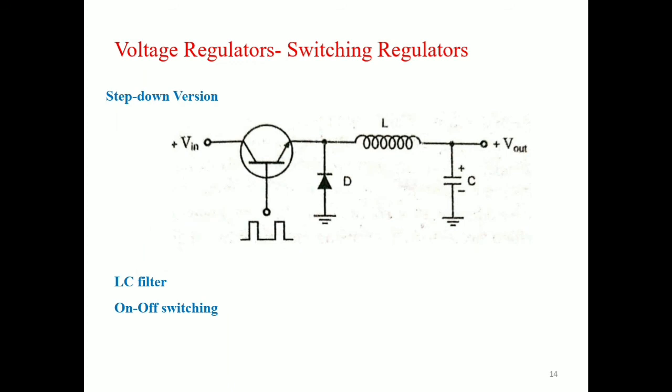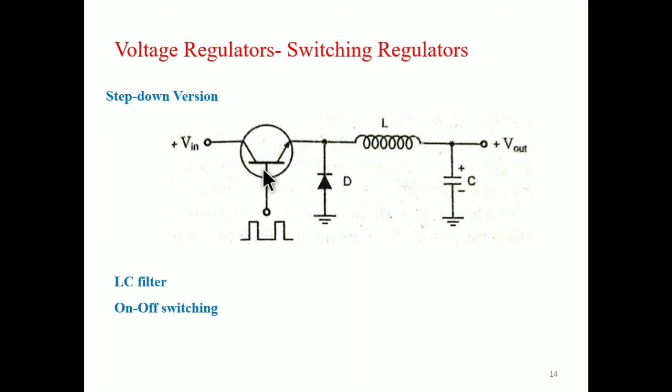The diagram shows the step down version of the switching regulator. The regulator pulses the base to saturate and cut off the pass transistor during each cycle. So there is an input value, and a pulse signal is given to the base of the transistor.